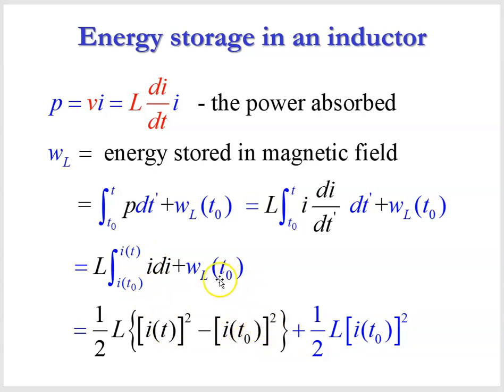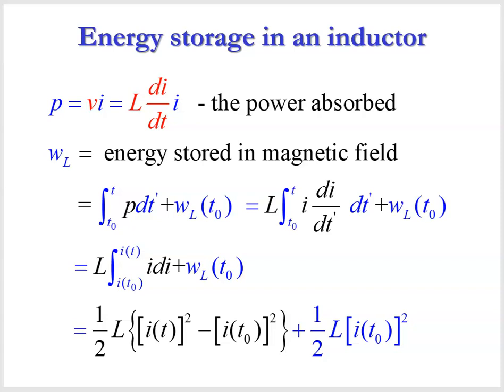But when we add back in the energy at time t naught, that's 1/2 L i(t naught) squared. So for the total energy, these two cancel each other out, and we still end up with just 1/2 L i(t) squared. But if we want the amount of energy over that time period, the difference gives us that change in energy stored in the inductor over that time period.